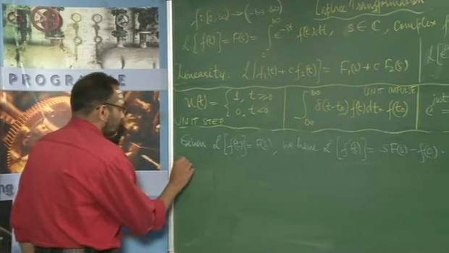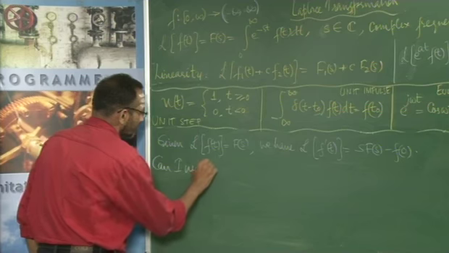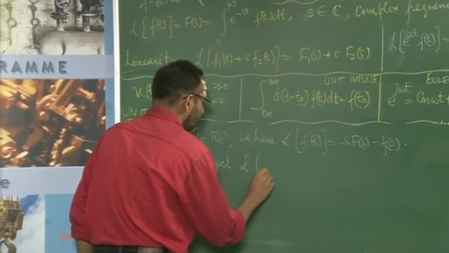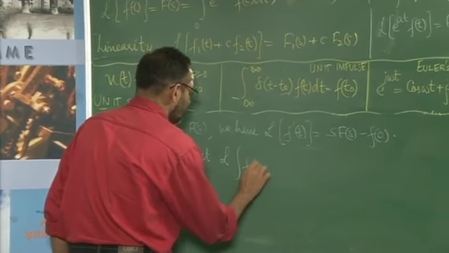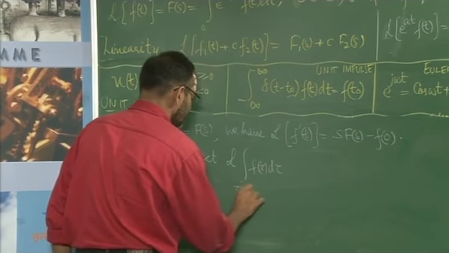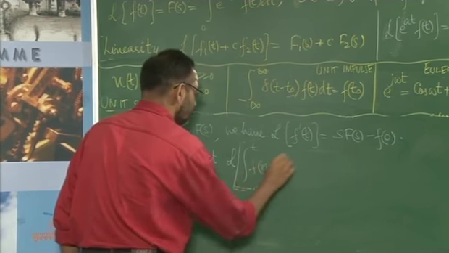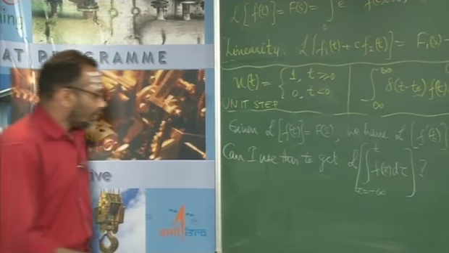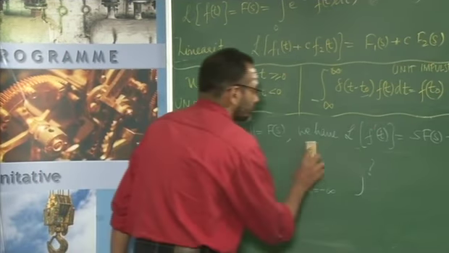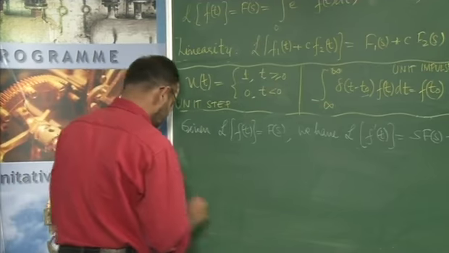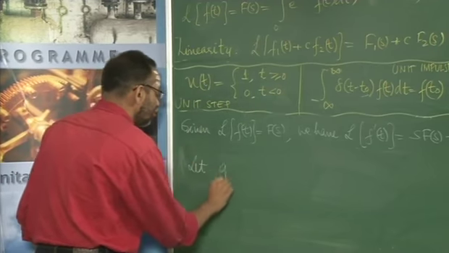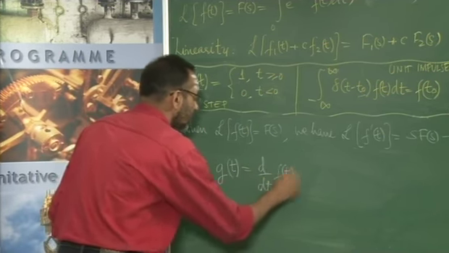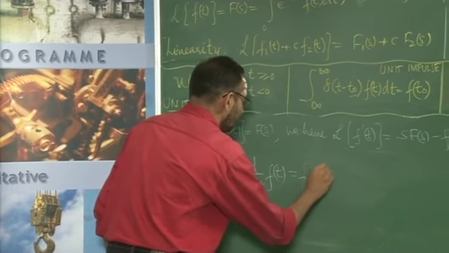Now, with this, can I use this to get the Laplace transform of the integral of f of tau d tau, the integral of a function? Can I use this? That is the question. To do that, let me introduce a new variable. Let g of t, a new function, be d by dt of f of t, which is the same as f dash of t.